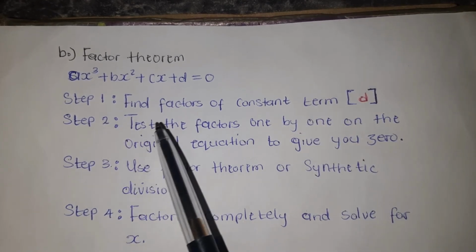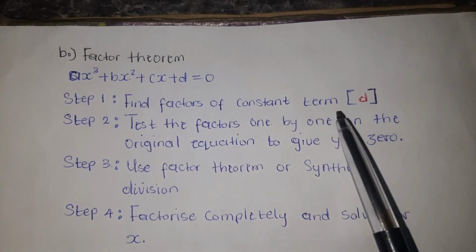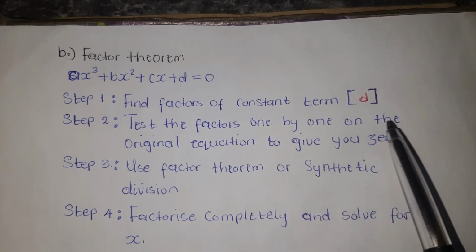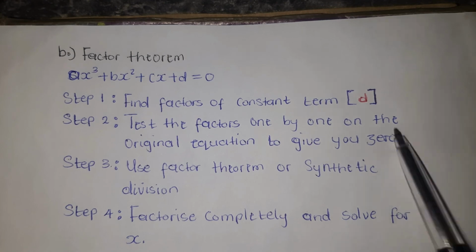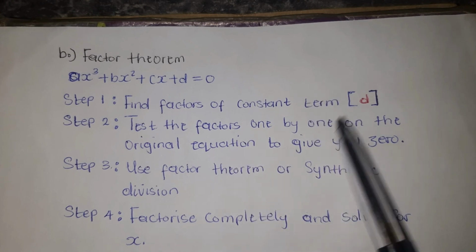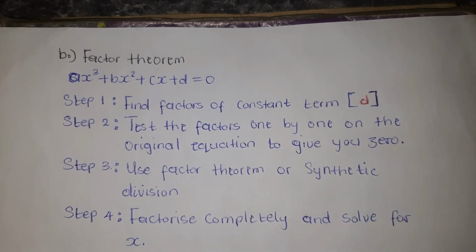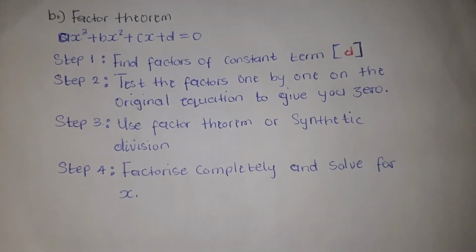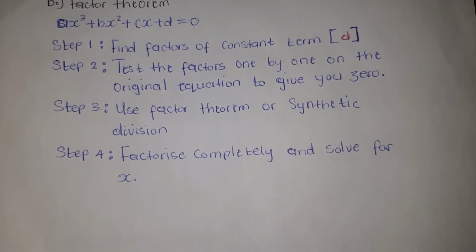Step number 2, test the factors one by one on the original equation to give you 0. If you test the factors and they don't give you 0, meaning you cannot factorize by factor theorem. So let's move into step number 3. Use factor theorem or synthetic division. And then step number 4, factorize completely and solve for x.